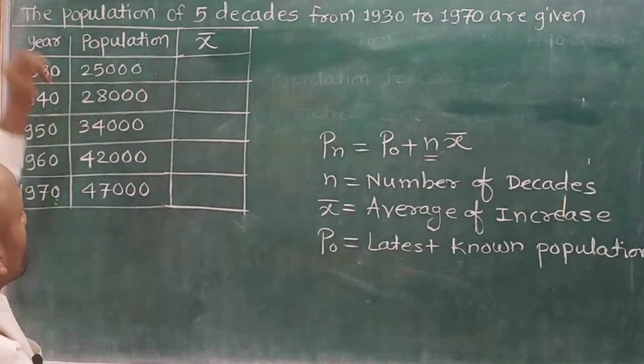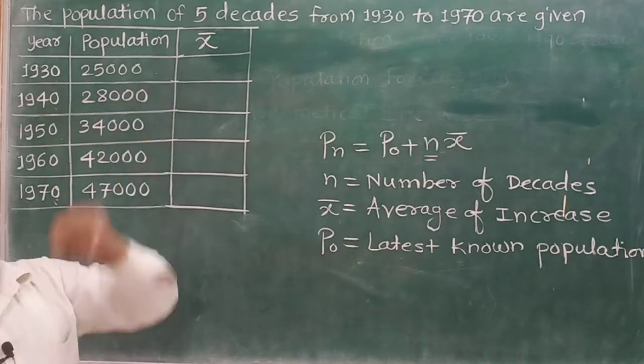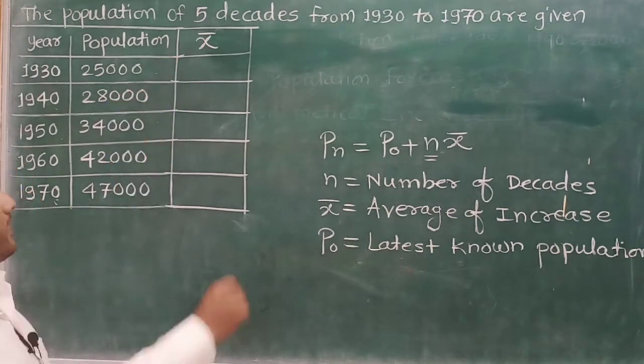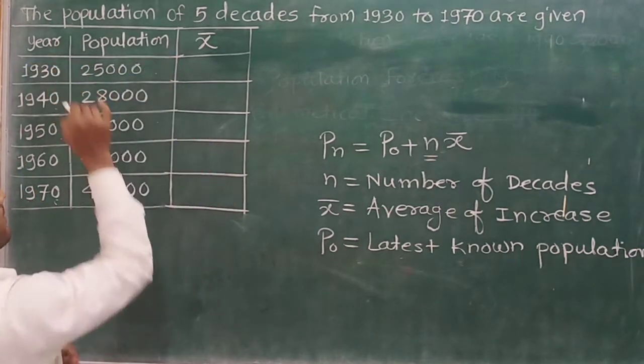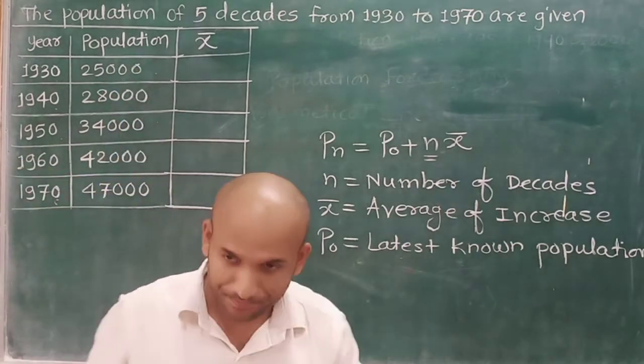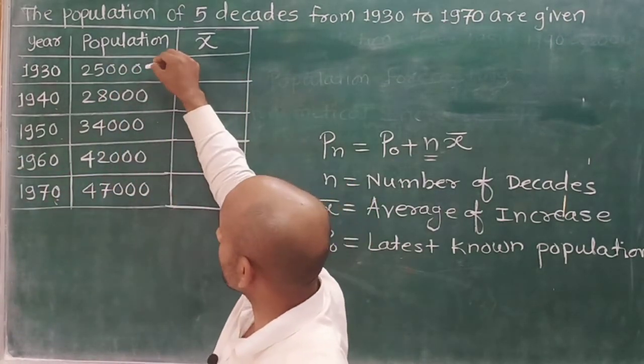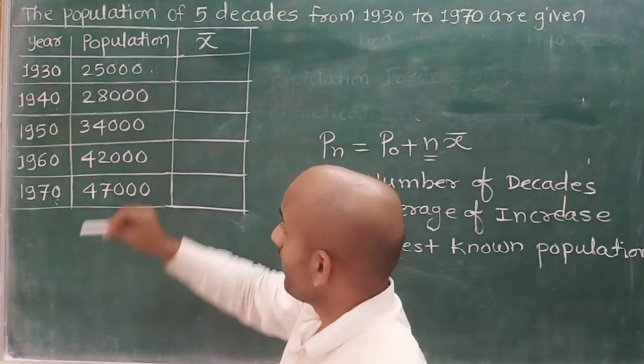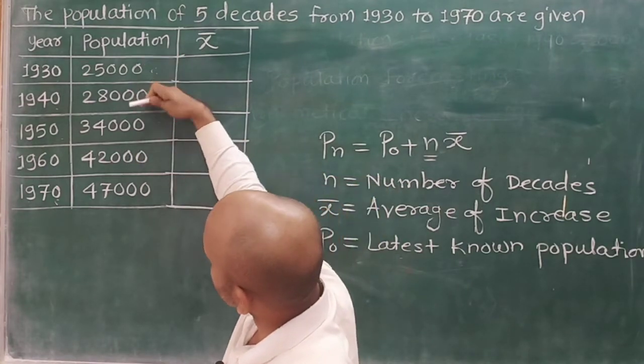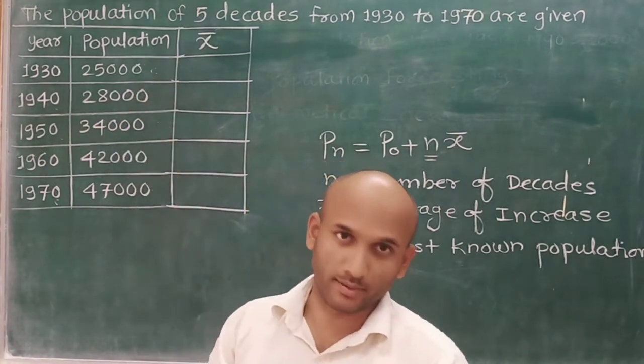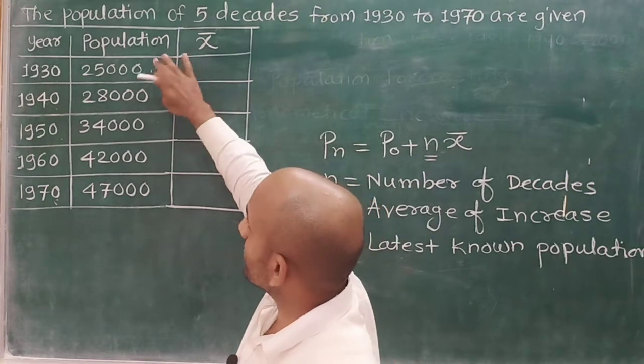X bar is based on the increase in population. In 1930 the population was 25,000. In 1940 the population increased to 28,000. So what is the increase in population?